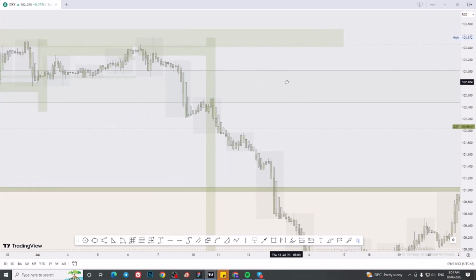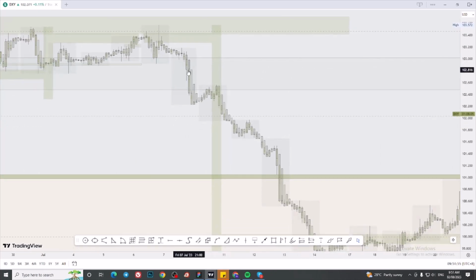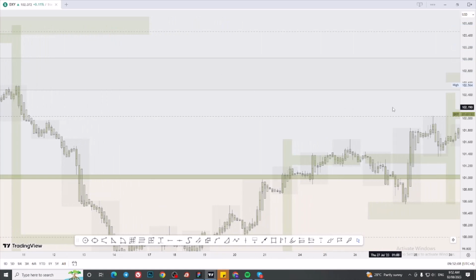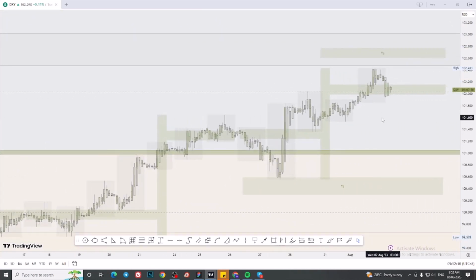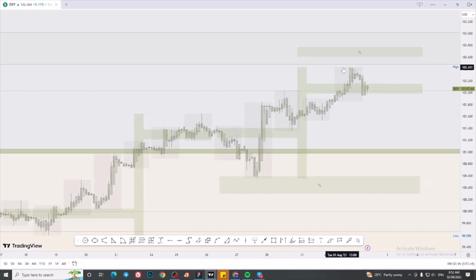This gap was created on last July 7, and from this move we didn't fill this gap. From this current condition right now, I locate this one, this is the gap. We will certainly fill this big gap from 102.706 before a reaction.